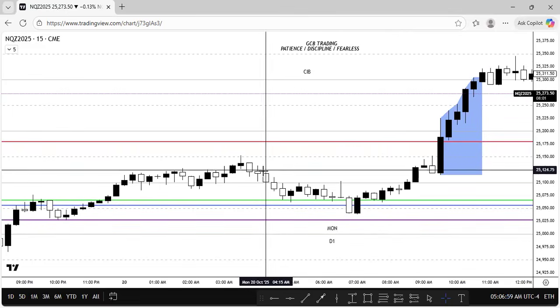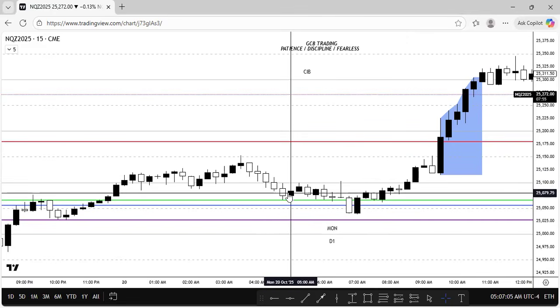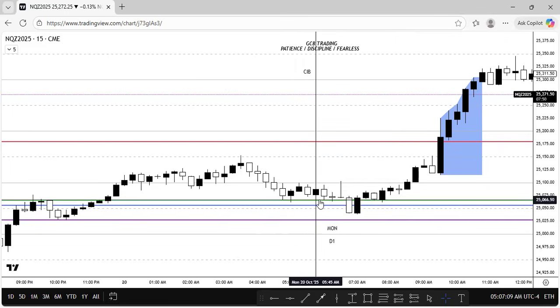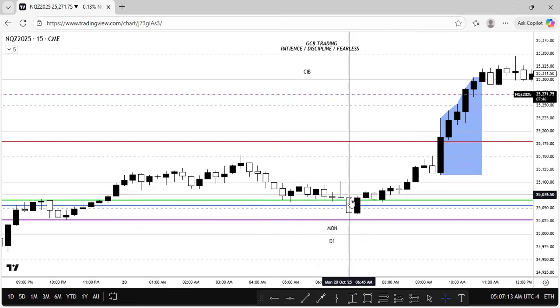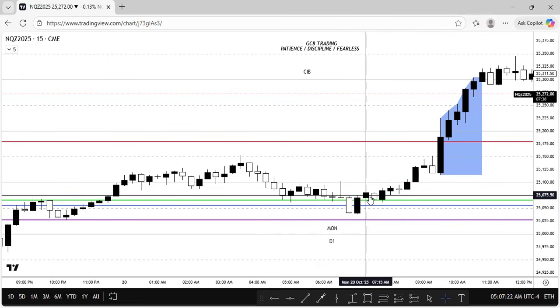We get a dump, where the market pulls back for 1 hour. Now you can see that the market finds support at closing price. It begins to coil sideways, breaks out around 6:45, pulls back again around 7, and is still coiling sideways.